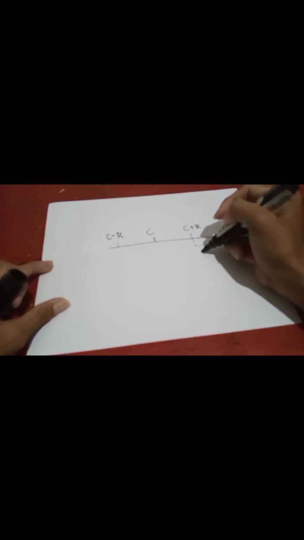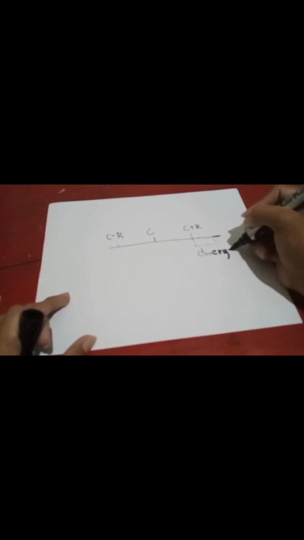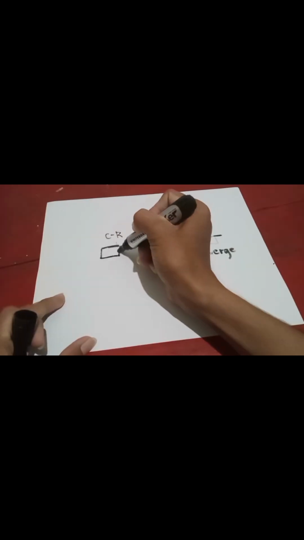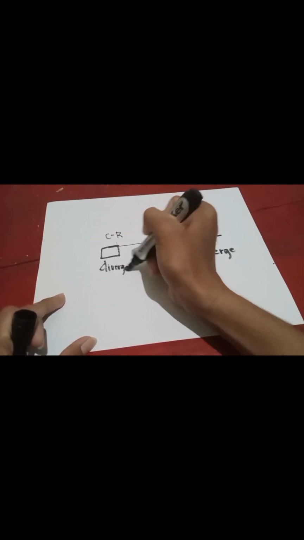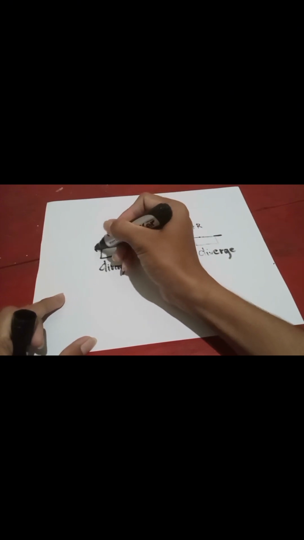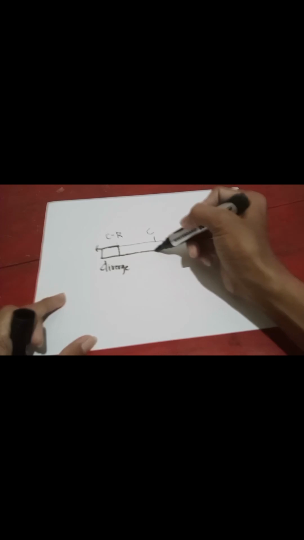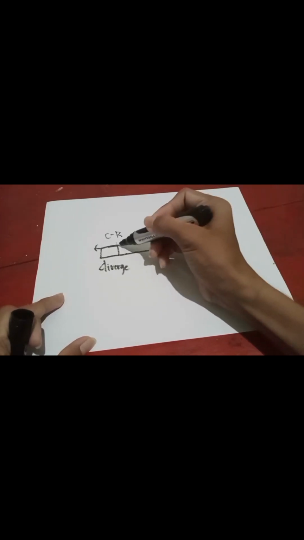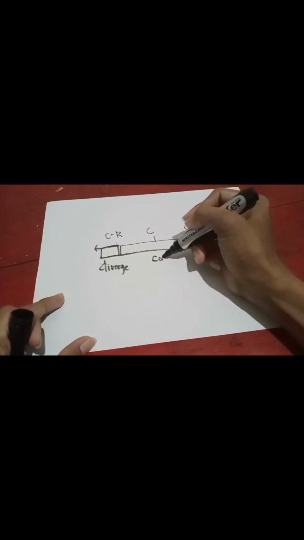If x lies to the right of c plus r, the series will diverge. Similarly, if x lies to the left of c minus r, the series will also diverge. However, if the x value lies between the two endpoints, the series will converge.